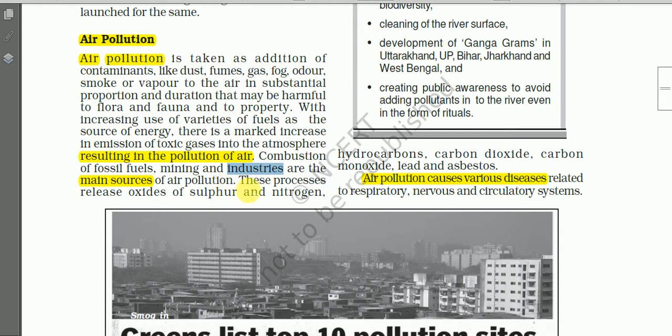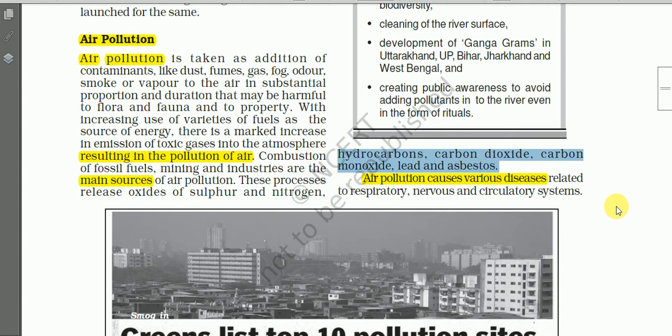And these processes release hydrocarbons, sulfur, nitrogen, carbon dioxide, carbon monoxide, lead, and asbestos. That is combustion of the fossil fuels.